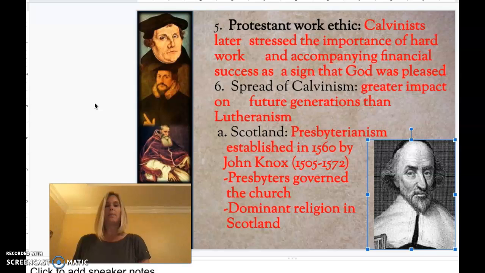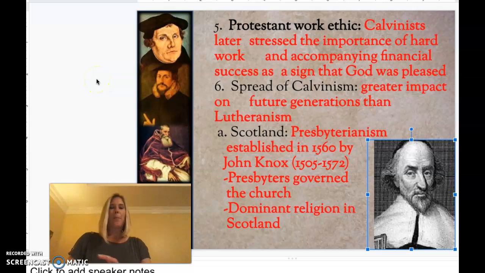When it comes to the spread of Calvinism, we know that it will have a greater impact on future generations than Lutheranism does. Remember, we said Lutheranism doesn't spread too far outside of the northern part of the German states, maybe a few other areas, but Calvinism will spread a lot further throughout Europe. Here's a good example. In Scotland, we have a man by the name of John Knox.